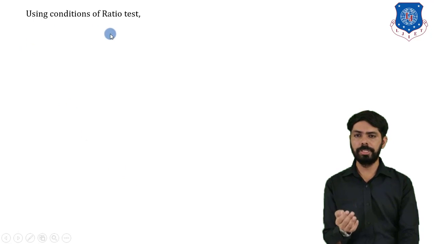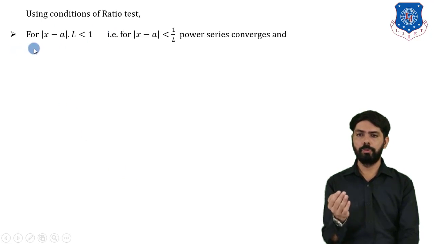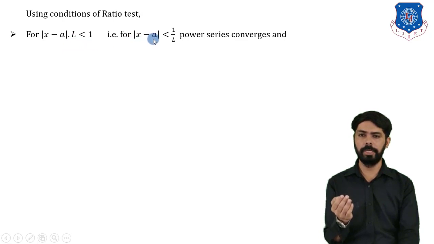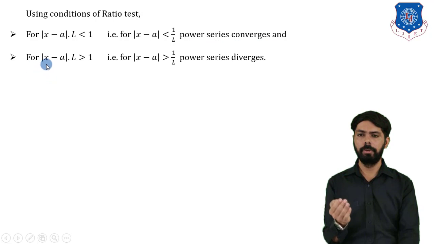Now using the conditions of the ratio test, for modulus of x minus a into capital L less than 1, that is for modulus of x minus a less than 1 divided by L, the power series converges. And for modulus of x minus a into L greater than 1, that is for modulus of x minus a greater than 1 divided by L, the power series diverges.